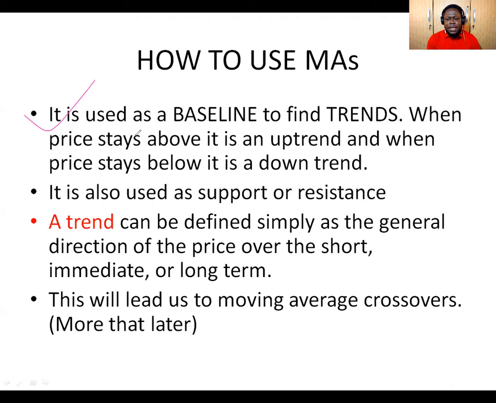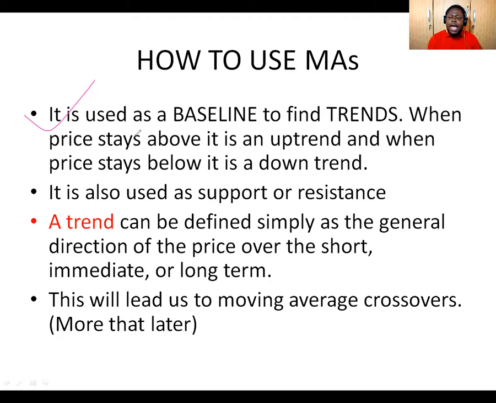So if someone says that the trend for maybe Euro USD is buy or bullish, you need to be able to find out whether the bullish the person is saying is for a short term, immediate, or long term. Do you understand? If someone should say the trend of the market at the moment for maybe AUD USD is a sell or bearish, you need to be able to find out whether that is going to be for a short term, immediate, or long term.